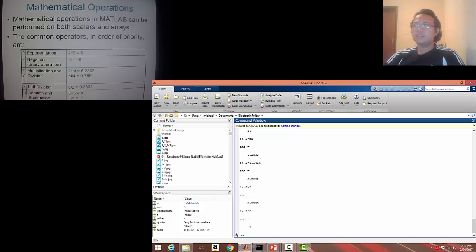Okay, 6 divide 2 here, that is 3. But if you say the other division, the left division, that is this, by the way, I will explain this one. 6 like this is like 2 divide 6, that's why we have 0.33. But if you do like 6 divide 2, this is, what is this, backslash, we have 6 over 2, and we have 3.